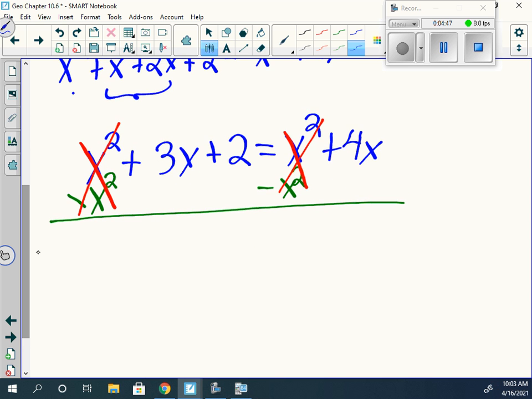Which is kind of convenient, because x squared minus x squared is 0, which leaves us with 3x plus 2 is equal to just our 4x. So we have 3x plus 2 is equal to 4x.